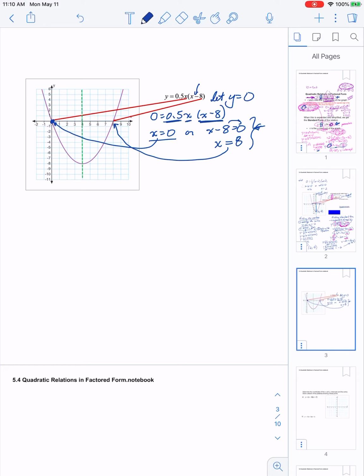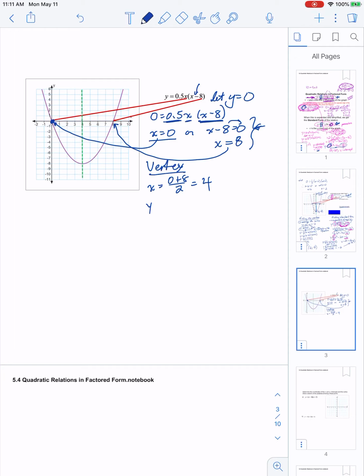Okay, so imagine we're not actually looking at this graph, so all we know is that the zeros are at 0 and 8. So for the vertex, we're going to average the zeros, so x equals (0 plus 8) divided by 2, and that's going to equal 4. So that's the x-coordinate of the vertex.